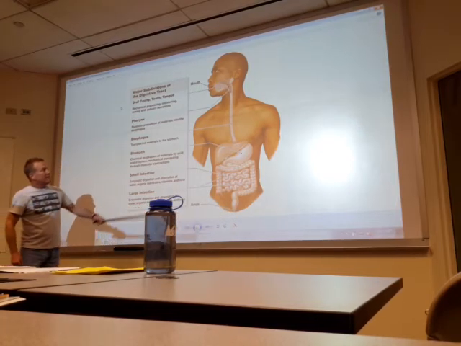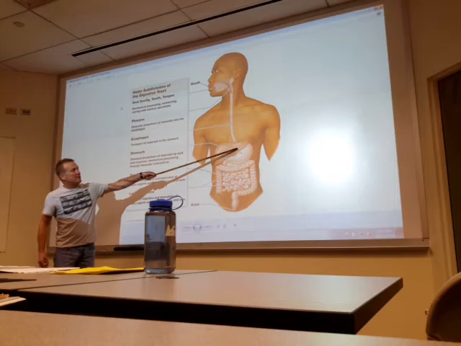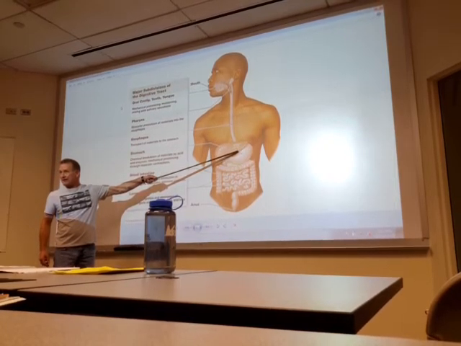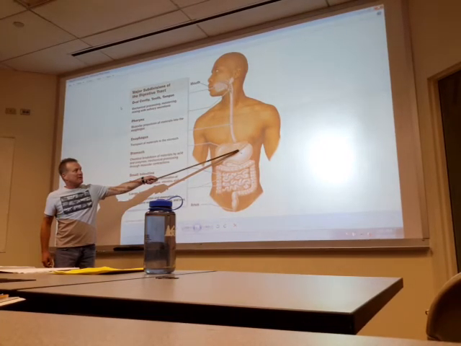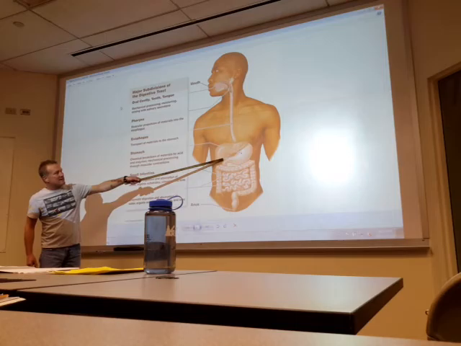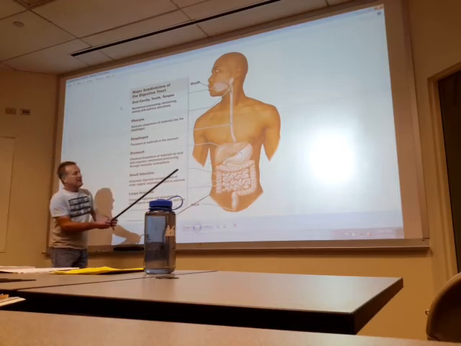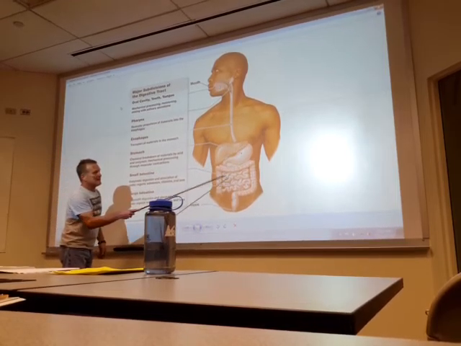Got it? You have a sphincter muscle between your esophagus and your stomach. It has to open so that when you swallow, the food can move into the stomach. You have a sphincter muscle at the distal aspect of your stomach. It has to open to let the food move out of the stomach into the small intestines.